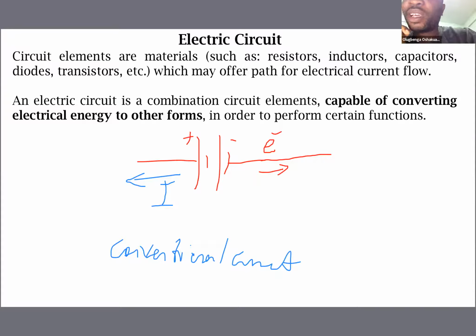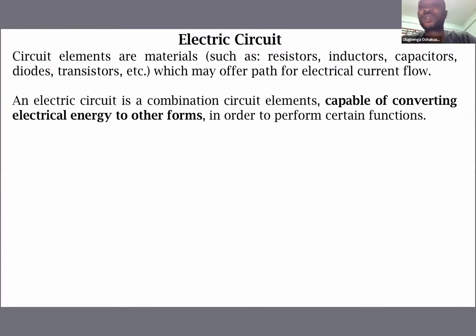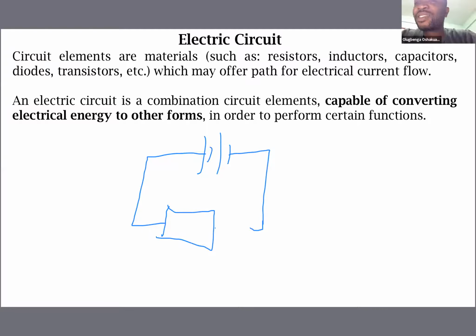So when we are talking about electric circuits, why do we need electric circuits? Because we want to use the electricity to perform some work. Easily, we can draw a battery and connect it to a resistor. We know the battery to be the energy source.